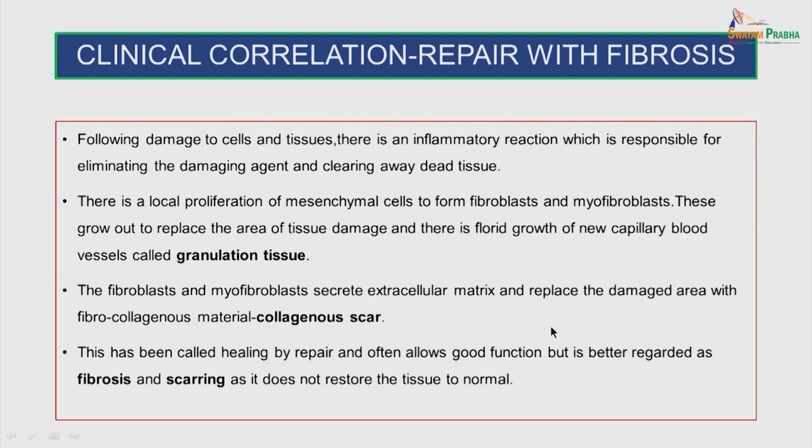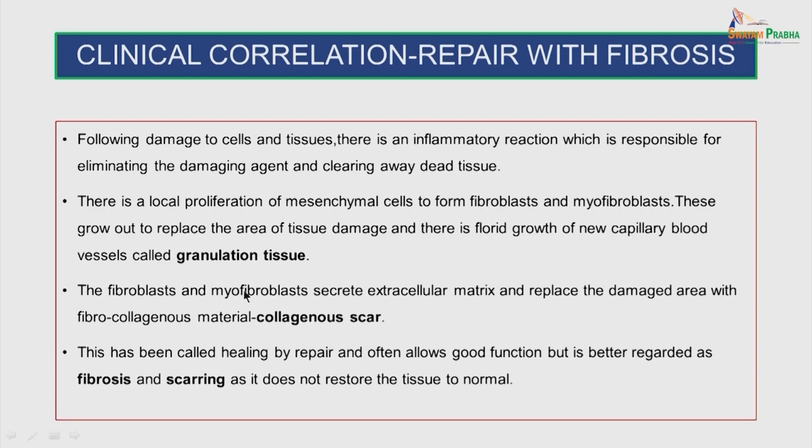The clinical correlation: repair with fibrosis. Following damage to the cells and tissues, there is an inflammatory reaction which is responsible for eliminating the damaging agent and clearing away dead tissue. There is a local proliferation of mesenchymal cells to form fibroblasts and myofibroblasts. These grow out to replace the area of tissue damage, and there is florid growth of new capillary blood vessels called granulation tissue.